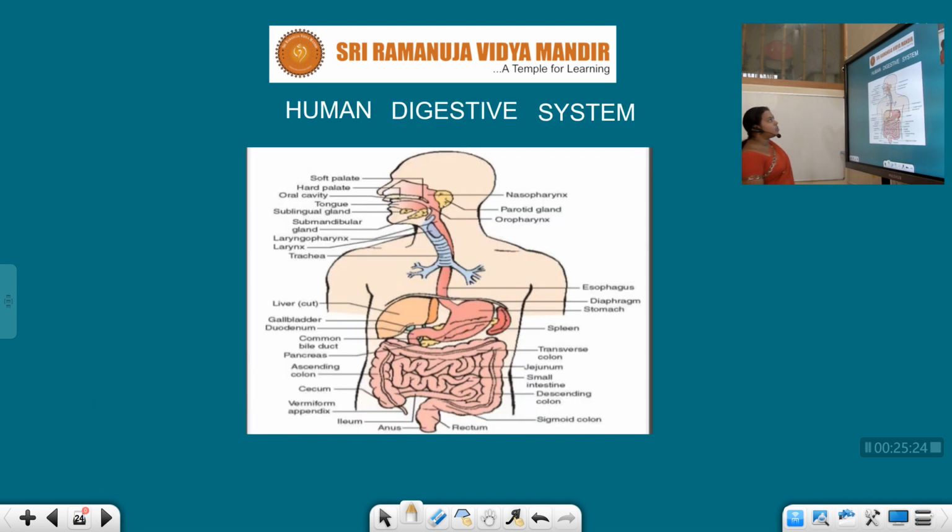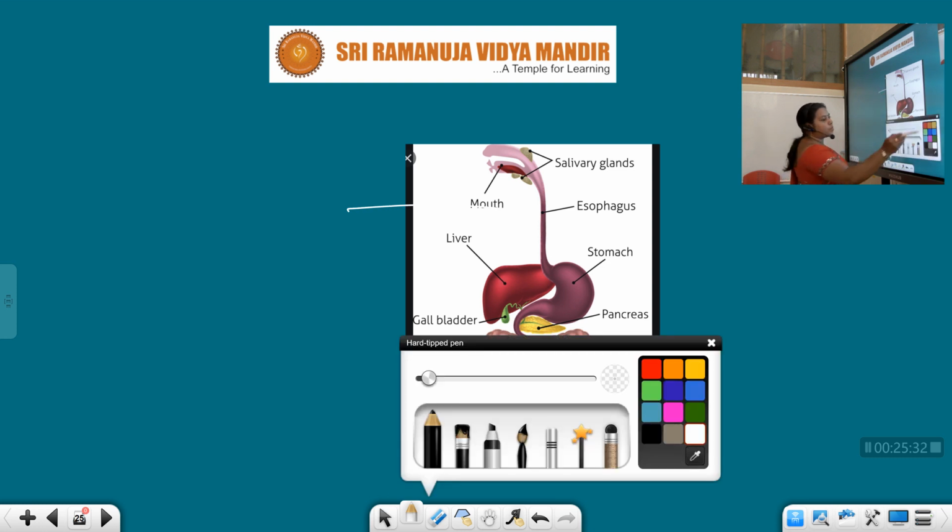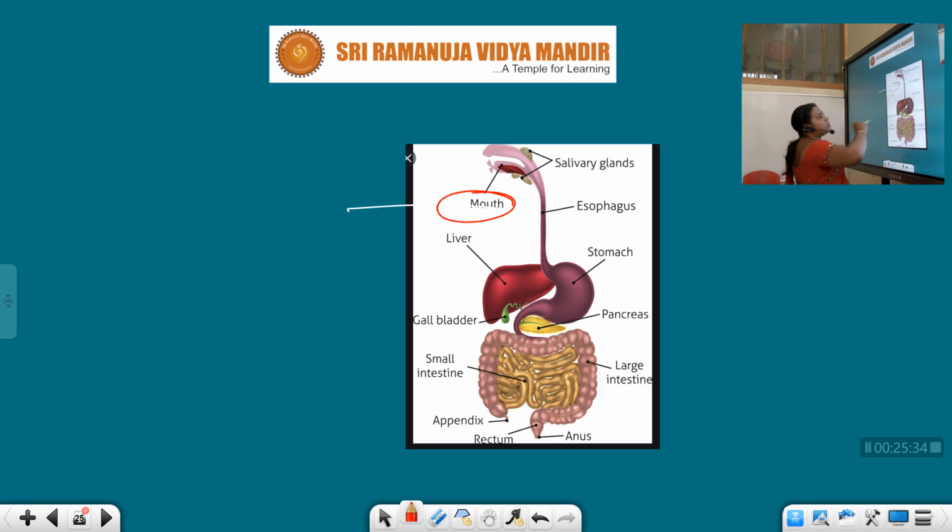First of all, let us focus on the human digestive system and its parts first. See students, the main parts are mouth, esophagus, stomach, and the next ones are small intestine, large intestine, rectum and the anus. So these are the basic things.